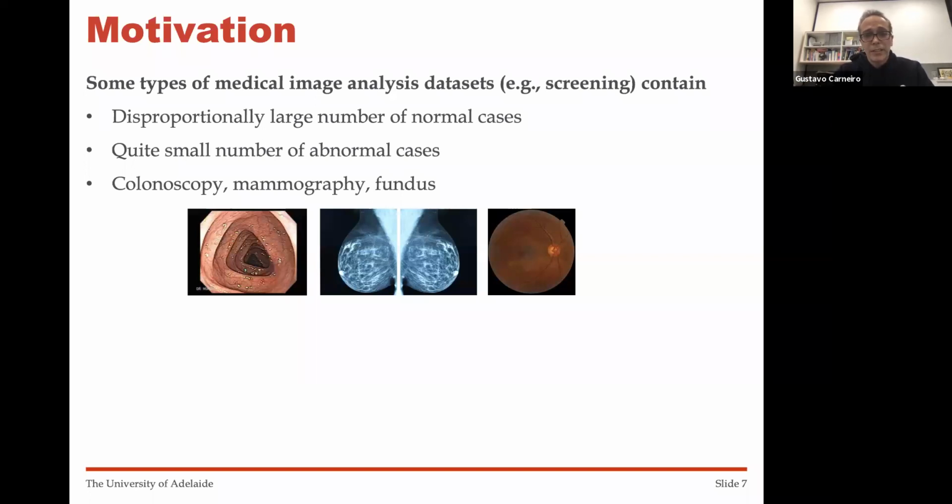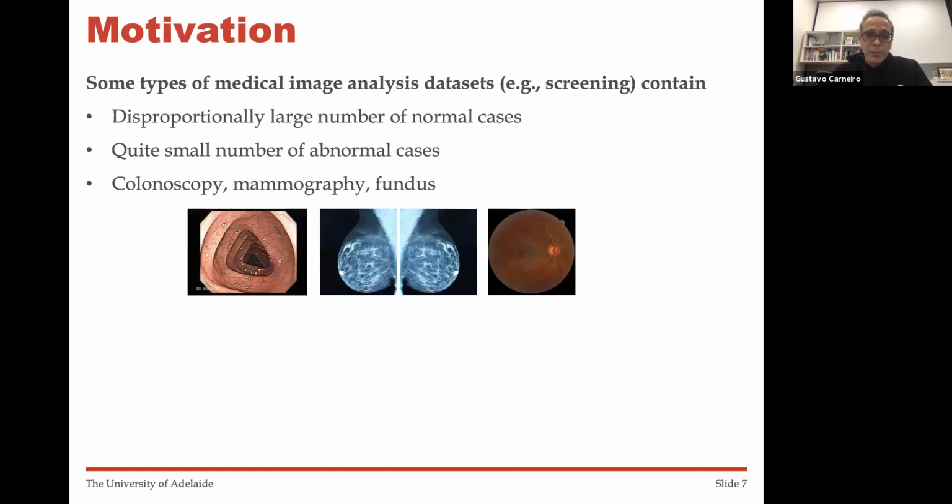You just try to do early detection of cancer using the whole population. Because the whole population will have a very small percentage of samples containing cancer, naturally you have a disproportionately large number of normal cases and a quite small number of abnormal cases. In the case of cancer detection, you have a very small percentage of the population with cancer.